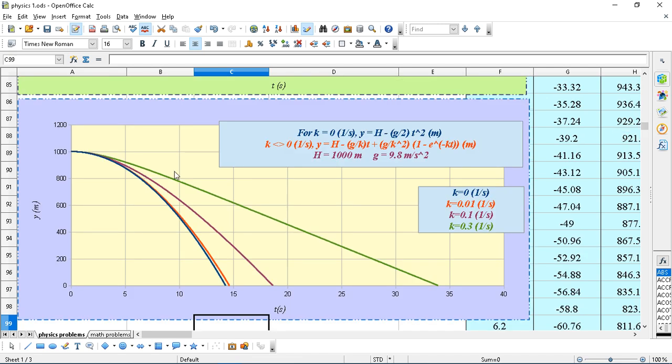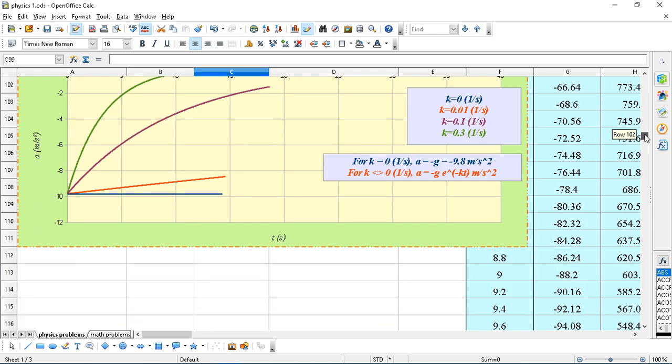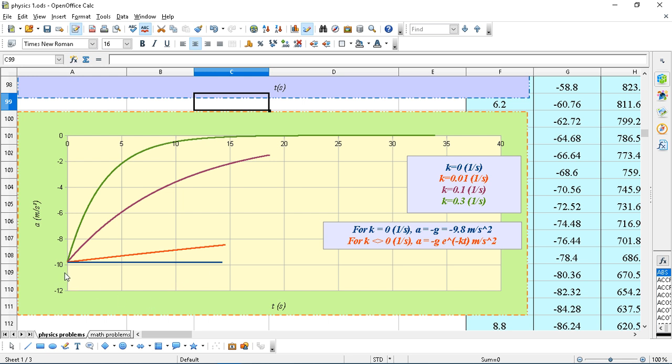We have the curve here for the free fall, the blue line, and it corresponds to a parabola for the y versus t graphs. And this is the horizontal line for the acceleration for the free fall. It corresponds to the blue line.